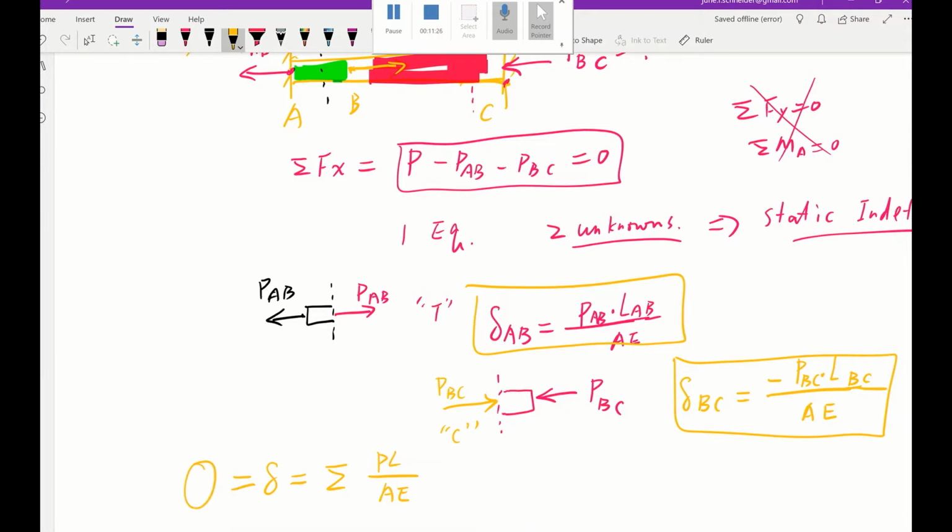Because it's stuck between the two walls, it's not going to have any change in deformation. So in that case, you could write this down. We're going to bring delta AB and delta BC here. So PAB LAB over AE minus PBC LBC over AE, that equals 0.